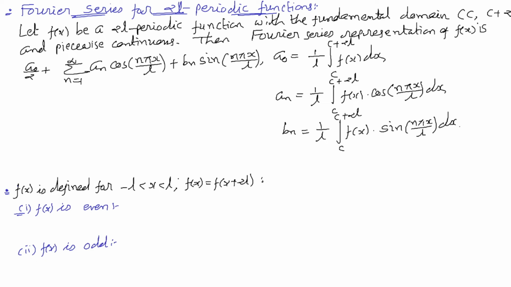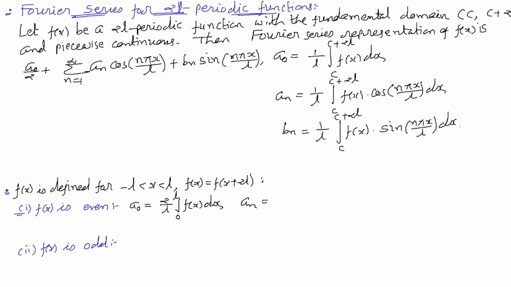Can anyone help me? How do you write f of x when it is even? What is a0 and an? So a0 is equal to 2 upon l integration 0 to l f of x dx. This is a0.